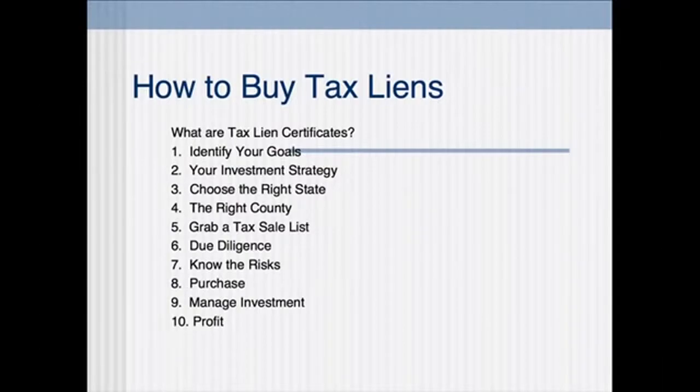And what happens is the winning bidder, obviously these go to auction, and the winning bidder at the public tax lien auction gets a tax lien certificate as proof of the purchase. And as the owner now, if you're the highest bidder, the investor has two possible outcomes.